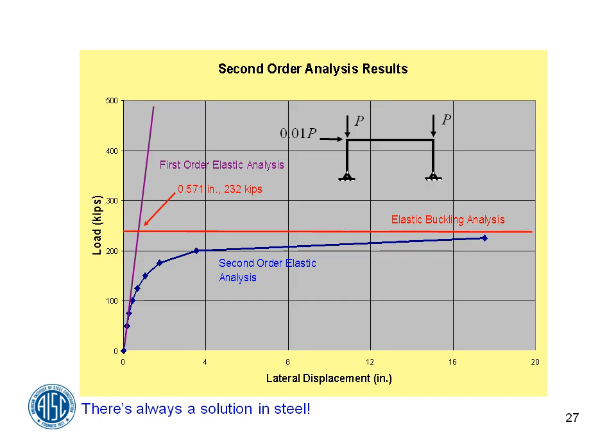So if we take this very simple structure and we do a second order analysis, what we find is that we follow the blue line, this line right here, and move out, so that at some particular load level, we get an instability.